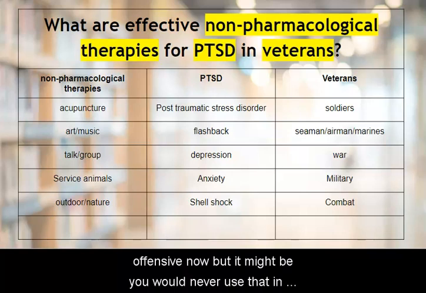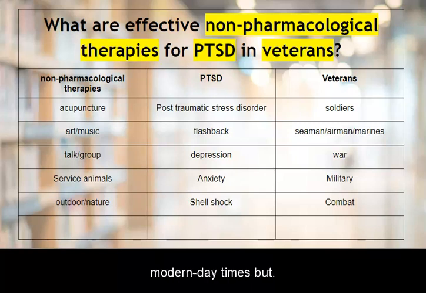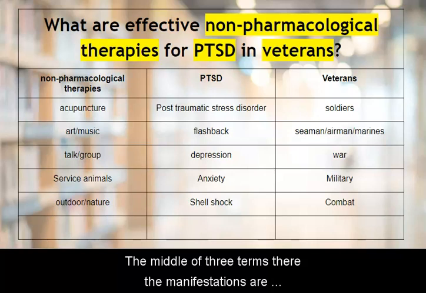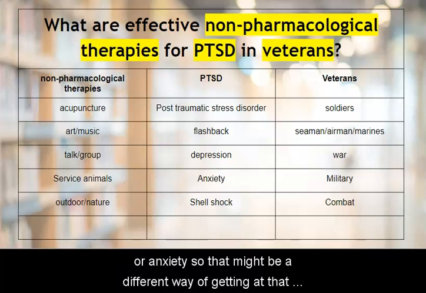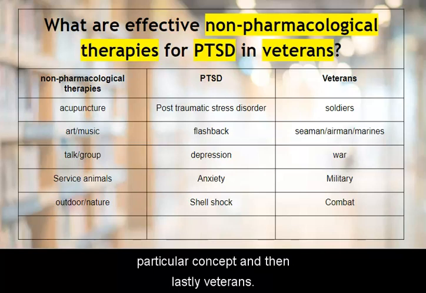It's somewhat offensive now, and you would never use that in modern times, but that term might be in the literature that you're looking at, sadly. In the middle three terms there, the manifestations or the symptoms of PTSD might be flashbacks or depression or anxiety, so that might be a different way of getting at that particular concept.